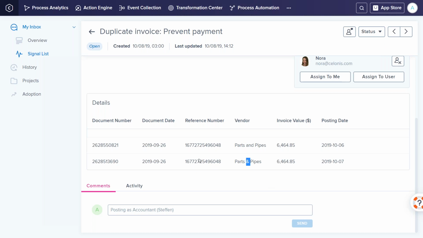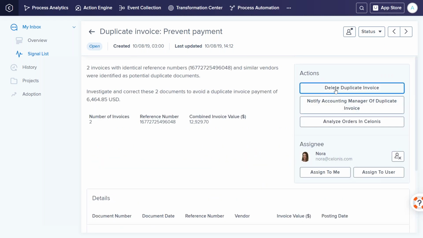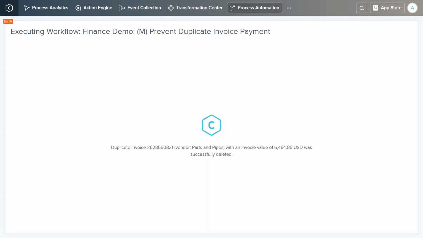Given all other factors are the same, this is a subtle difference that is recognized by this algorithm, and I, as an accountant, would automatically be confronted with these candidates in order to judge their similarity and then cancel one of these invoices, or delete the duplicate payment, in other words.